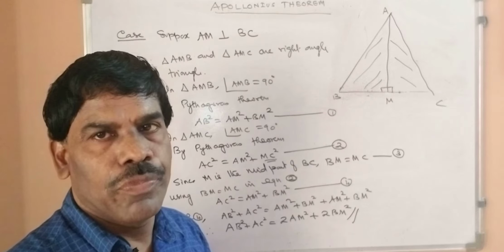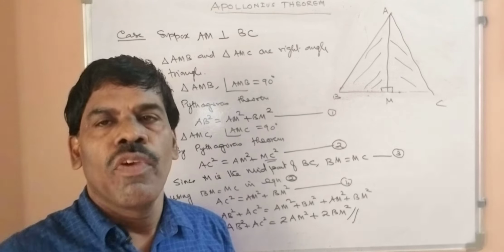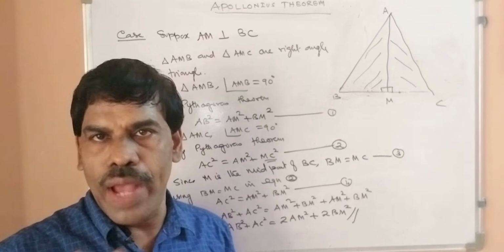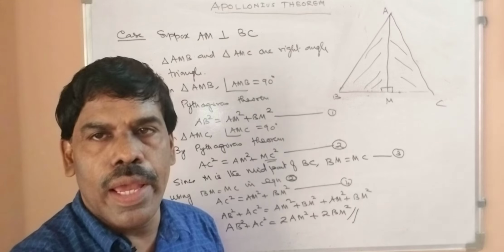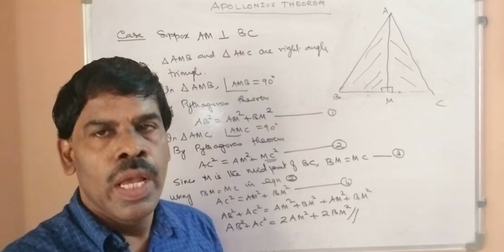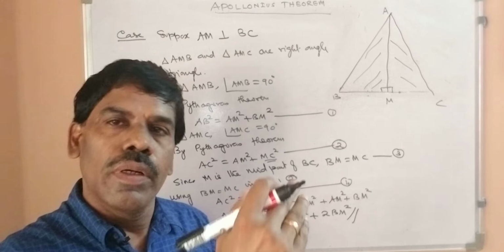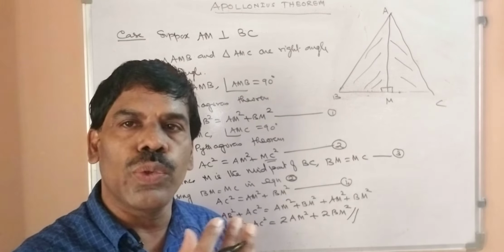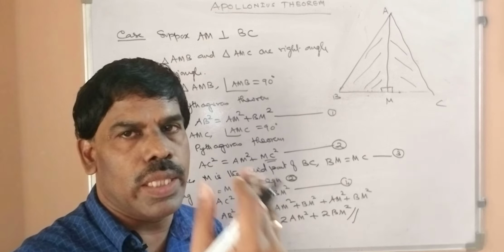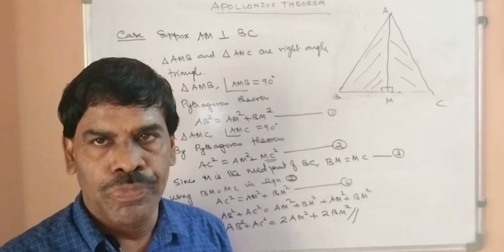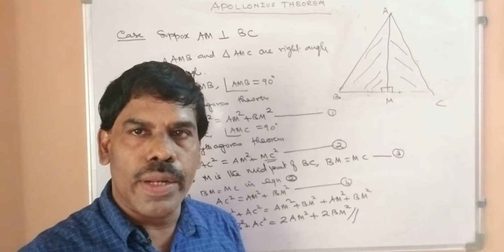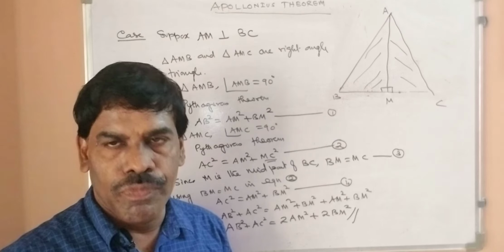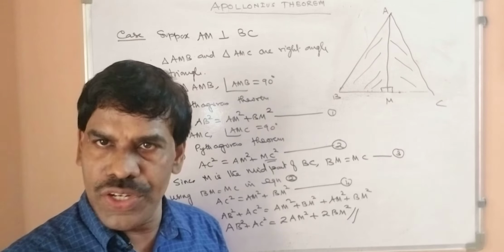This is the theorem. So, now I will recall it. We have got one triangle, fine. We have got median to one side BC. Then that BC divides the whole triangle into two triangles. One is obtuse, another is acute angle triangle. So, for acute angle triangle, we used Pythagoras theorem. We have got one equation.